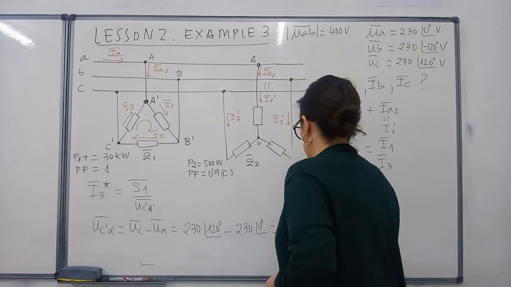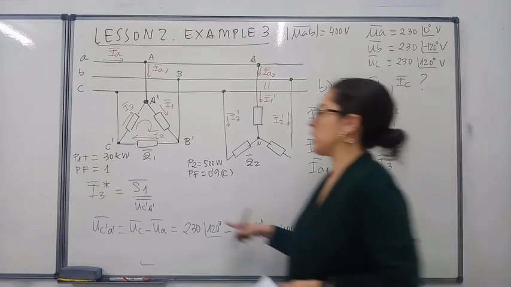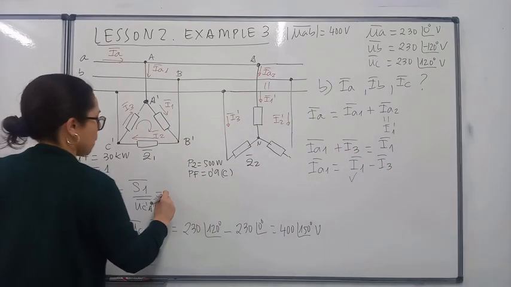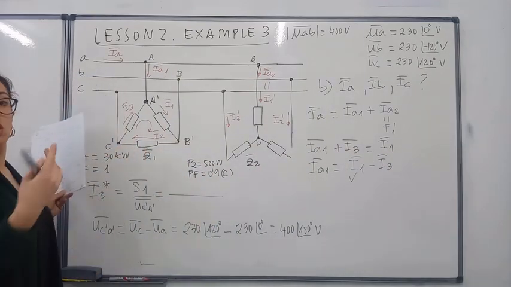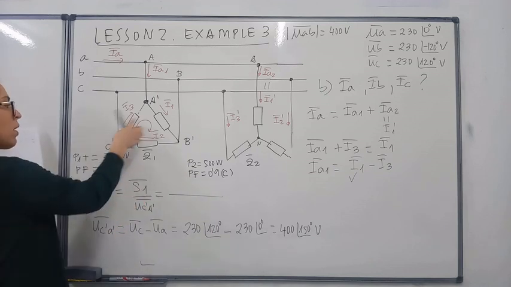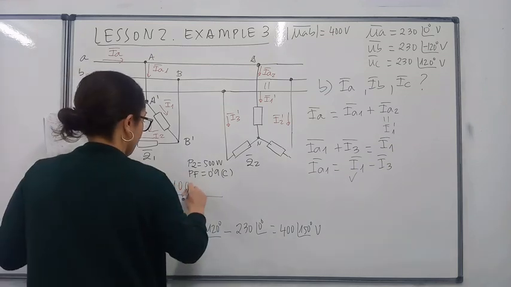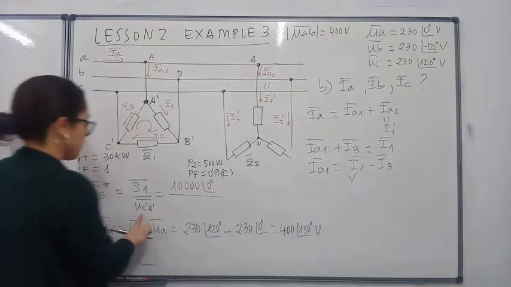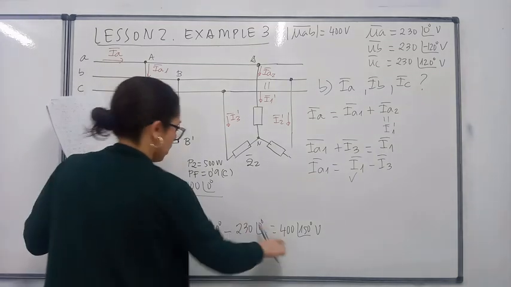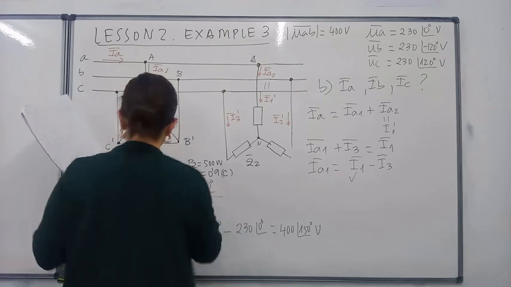That gives 400 at 115 volts. So there you can introduce the complex power for this load, which was given in the statement, and we calculated the value for one of the loads in question A, that was 10,000 divided by this voltage here, which is 400 at 150.